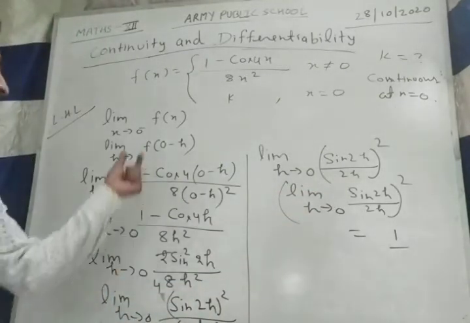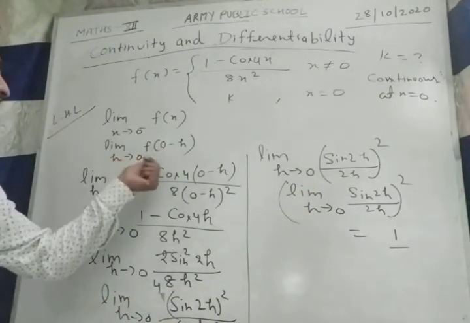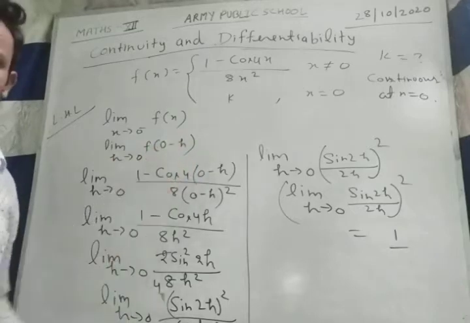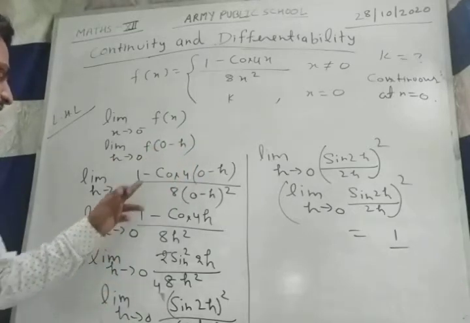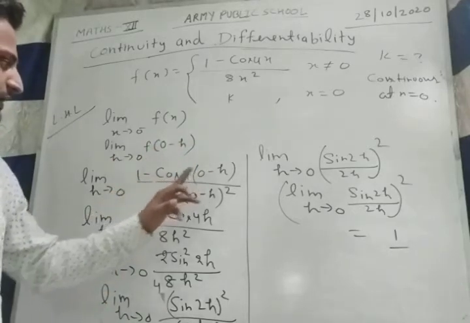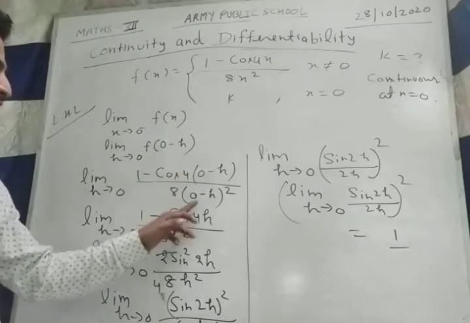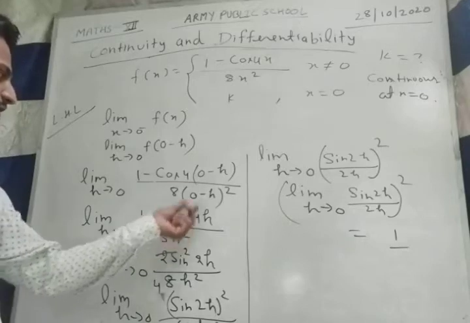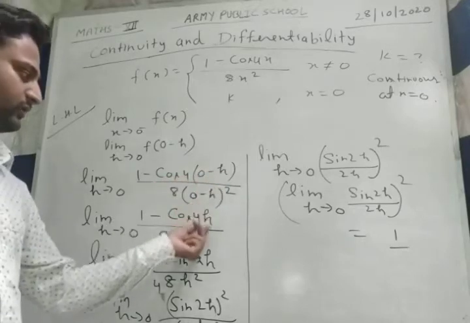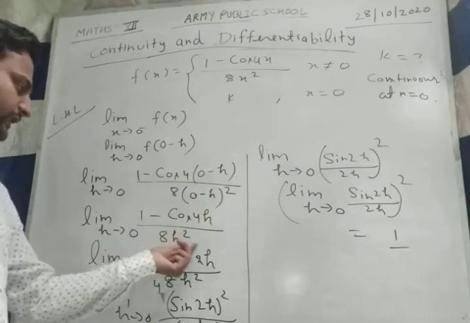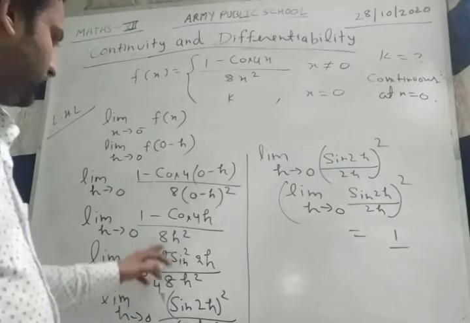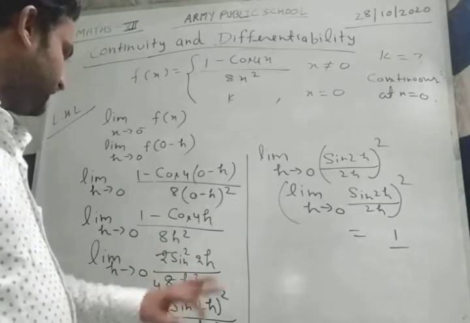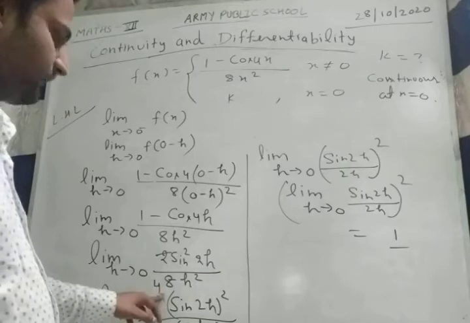What we have done: we took limit h tends to 0 of f(0 - h), which is (1 - cos 4(0 - h)) divided by 8(0 - h) whole square. Since cos(-θ) is cos θ, we get 2 sin² 2h by 8h², and this cancels by 4 times.